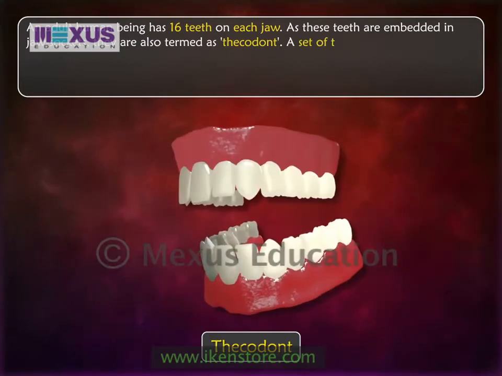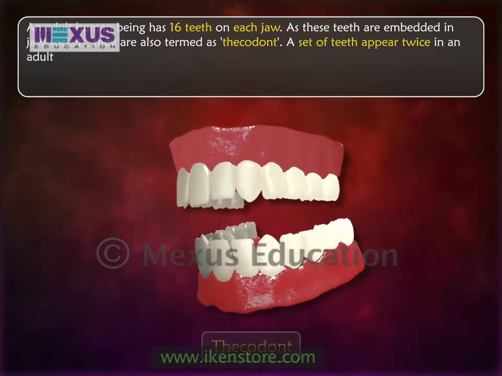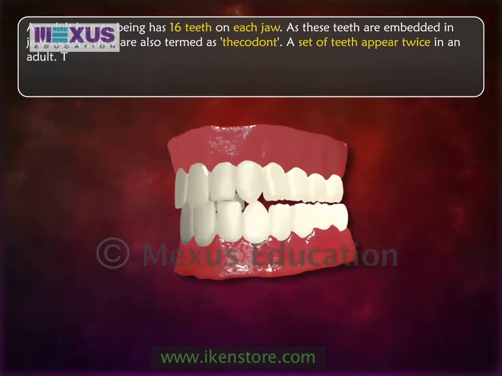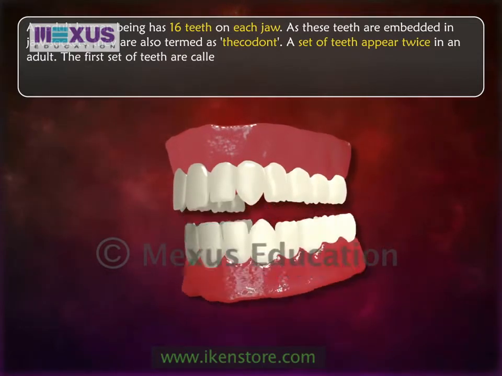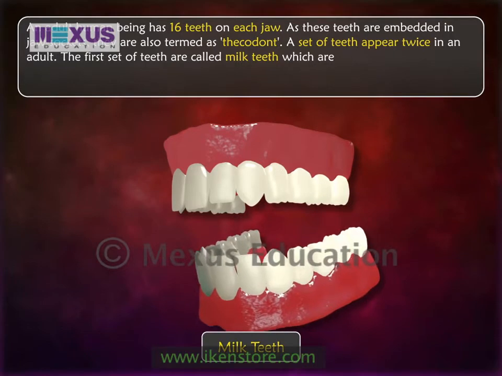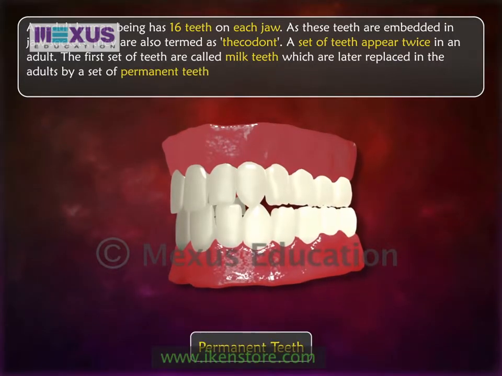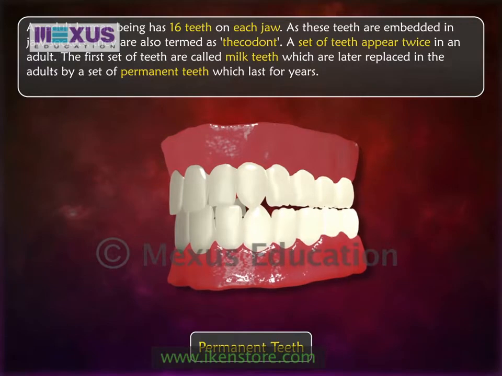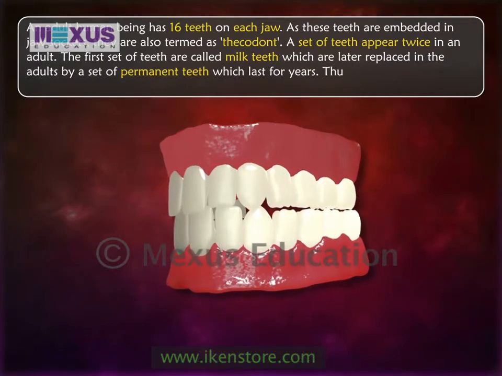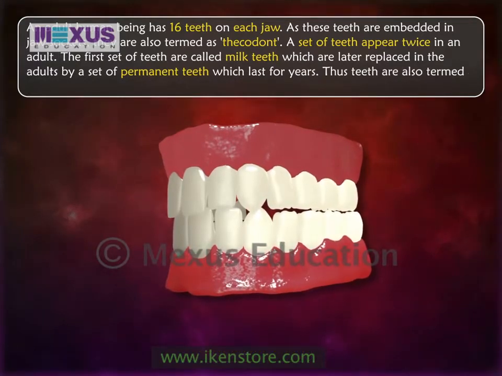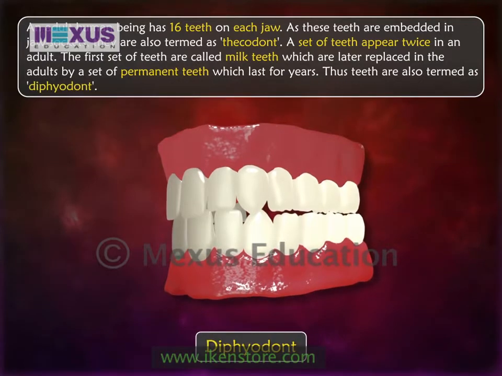A set of teeth appear twice in an adult. The first set of teeth are called milk teeth, which are later replaced in the adults by a set of permanent teeth which last for years. Thus teeth are also termed diphyodont.